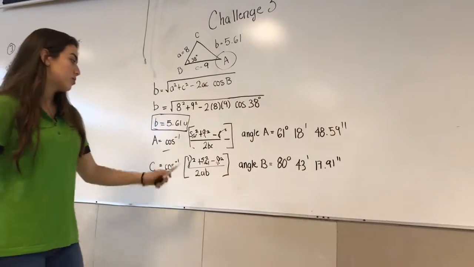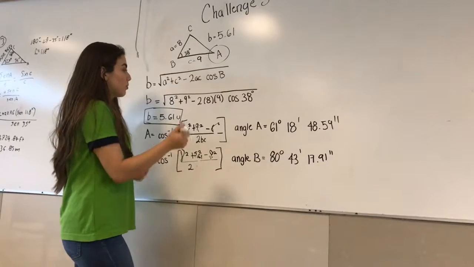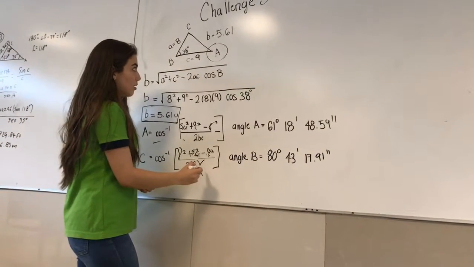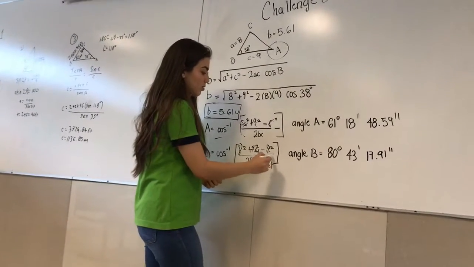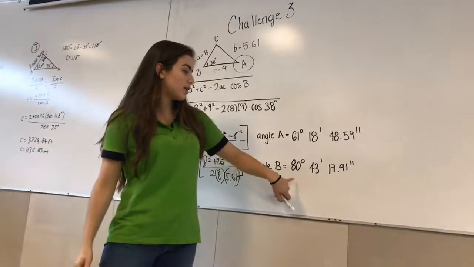We substitute the values one more time, and for that measure we got that the angle B is 80.